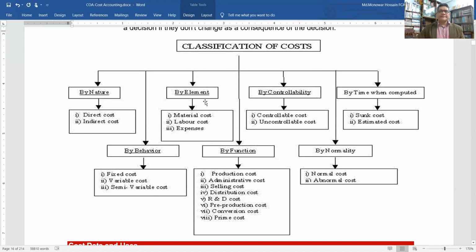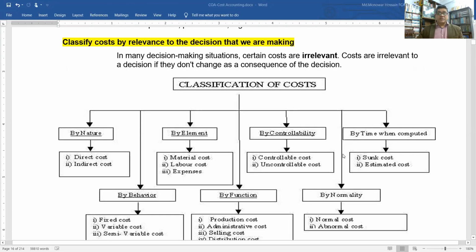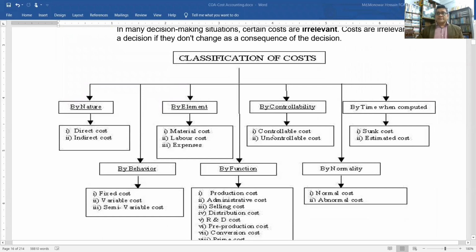By element: material, labor, expense. By function: production, administration, selling, distribution, research and development, prime cost, etc. Also convertible or unconvertible, normal, abnormal, sunk cost, estimate. So we can segregate or classify cost in different ways.